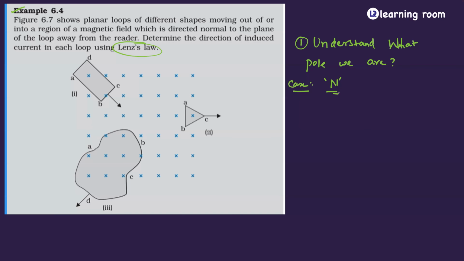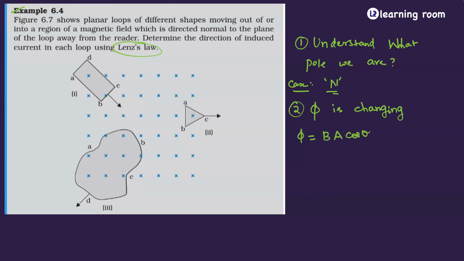The second point that you need to observe is to find how the flux is changing. We know the formula: flux is equal to BA cos theta. When this formula is applied, one of the parameters should change and the other two should be constant.